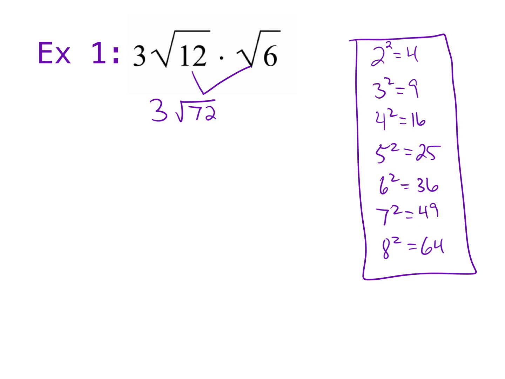Now ask yourself, is square root of 72 a perfect square? No. Okay. Now, but then I'm going to ask, can that 72 be divided by any of these perfect squares? And find the biggest one. What's the largest one? There's a bigger one.